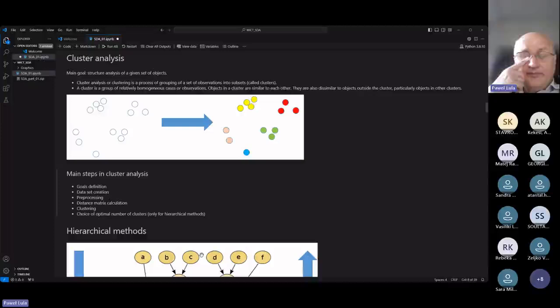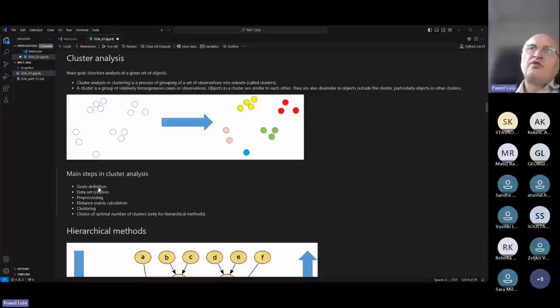How to do it? Of course, it depends on the methods which we are going to use. But some steps are common for all approaches, all methods which we can use in cluster analysis.